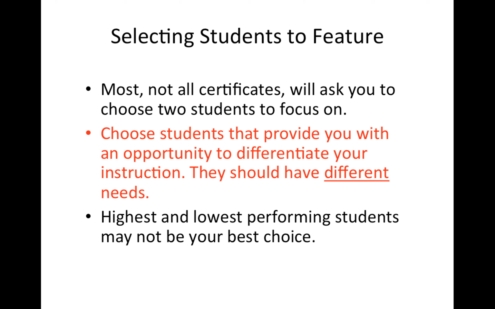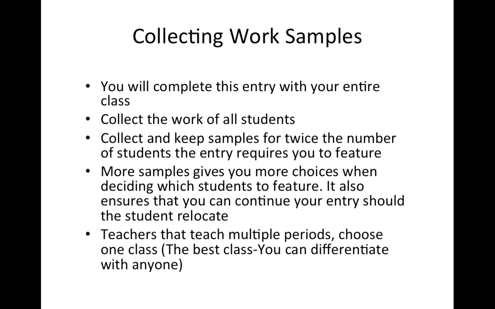I will tell you this, that if you do choose a high achieving student and you're doing formative assessment and they master it, then you will be expected to go beyond that. So that's why we ask you to choose students sort of in the middle, or that express some sort of difficulty. I mean, it may simply be you may choose an introvert who does not talk and does not engage much in class.